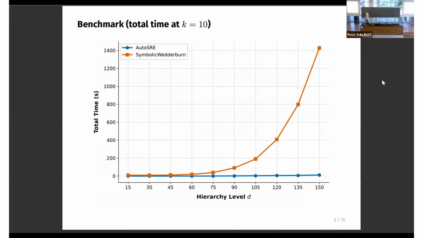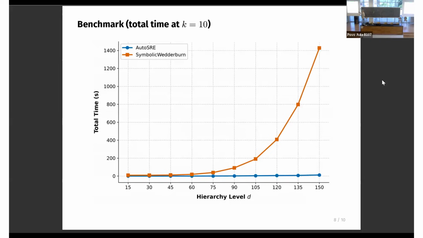So I'm comparing with symbolic Wedderburn. This is a stupid example because I go up to degree 150, so hierarchy level 150, which is totally overkill. But it really shows that this actually scales amazingly.